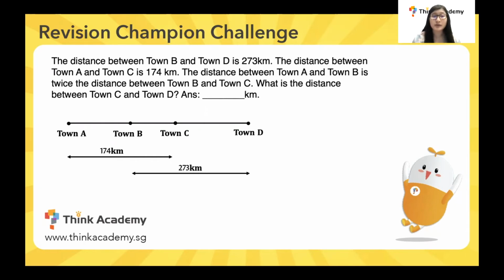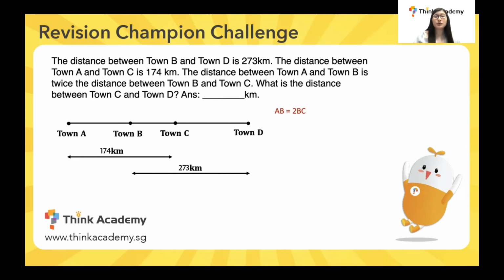So first of all, what can we say about the distance between town A and town B and the distance between town B and town C? Well, from the question, we know that AB is equal to twice of BC.